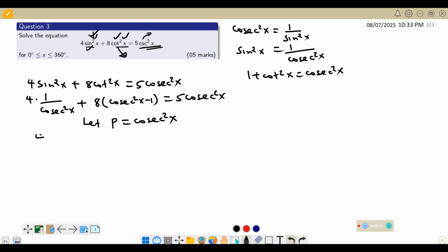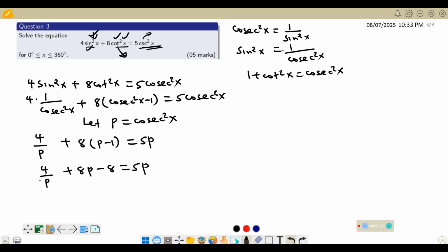If that is possible, we shall have 4 divided by p plus 8 into p minus 1, which is equal to 5p. So this will be 4 divided by p plus 8p minus 8, which is equal to 5p. First of all, we can eliminate the p in the denominator by multiplying through by p on each of these terms.